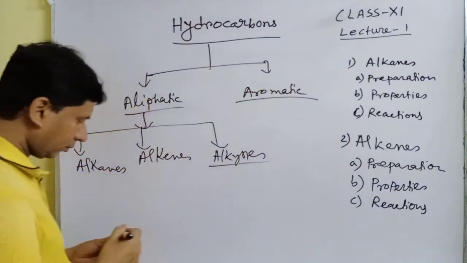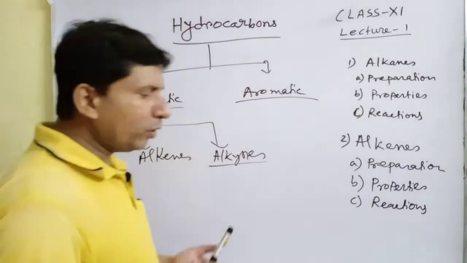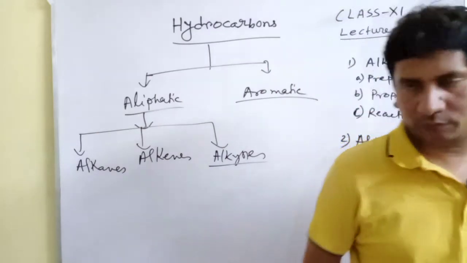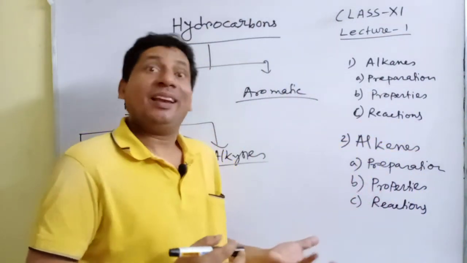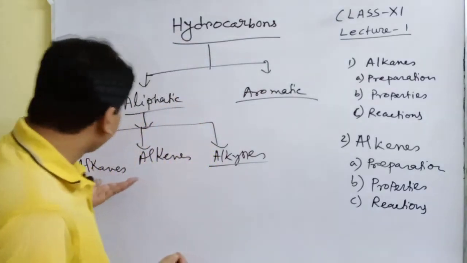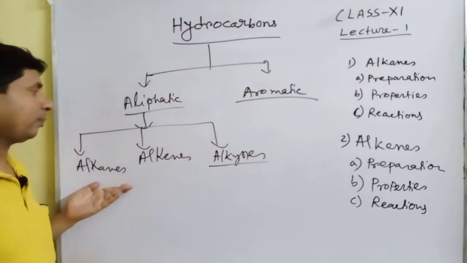Okay. Now alkanes are also known as paraffins. The meaning of paraffin is less reactive. So alkane is very less reactive.